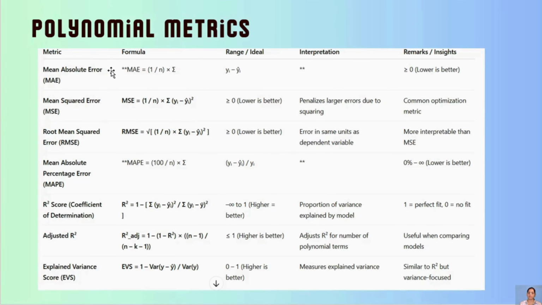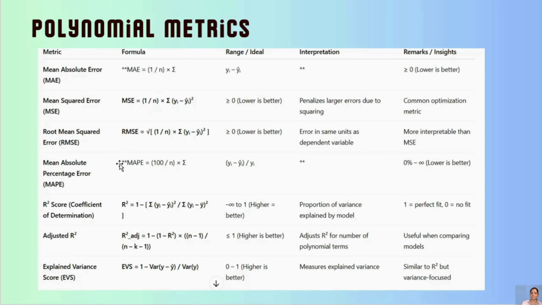So here we have mean absolute error, and we know what mean absolute error is: 1 by n into summation of |y minus y hat|, the absolute value of actual minus predicted. Mean square error, we are just taking the square of actual minus predicted for all, then summing it up.